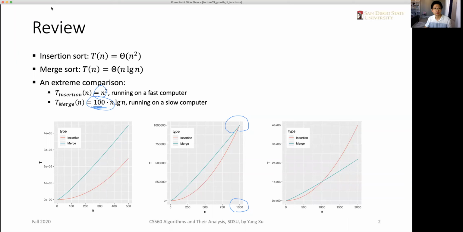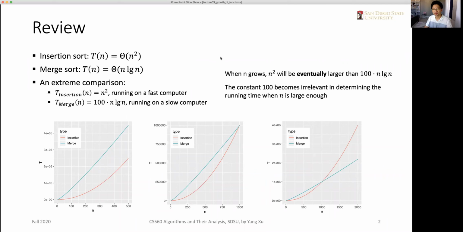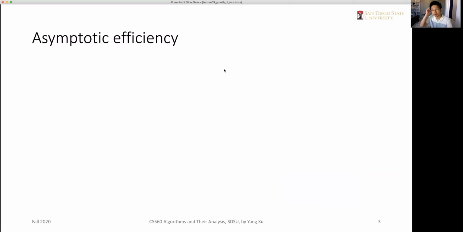That's a basic review of the previous contents, and it lays out the purpose of this chapter. We are gonna introduce a concept called asymptotic efficiency, which summarizes what I talked about in the previous slide.